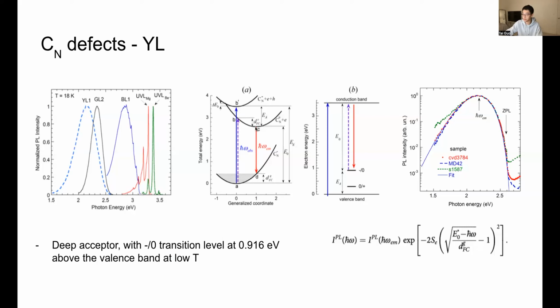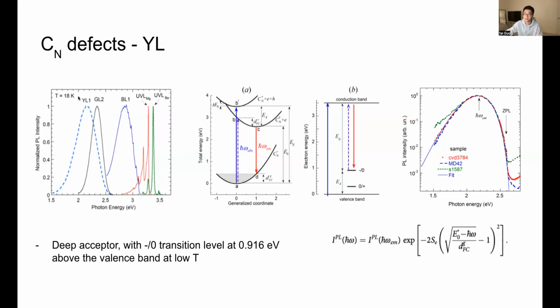From C, the electron could recombine with the holes in the valence band, and that gives us a radiative emission, and the photon energy will be less than the direct band gap. This corresponds to the yellow band we are talking about.